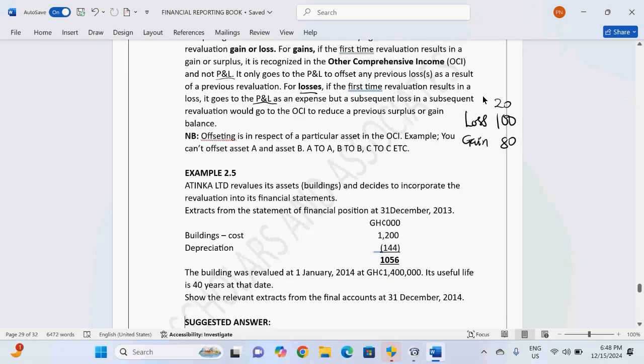So let's take an example and see how the revaluation goes. It's best you understand the concept. So someone should read for us quickly.